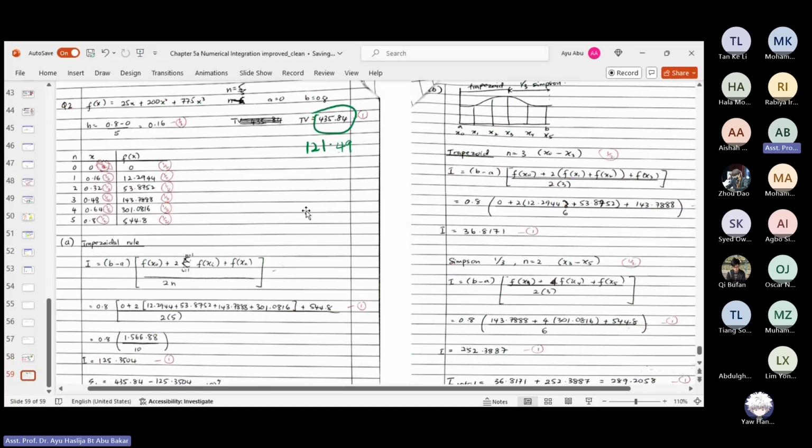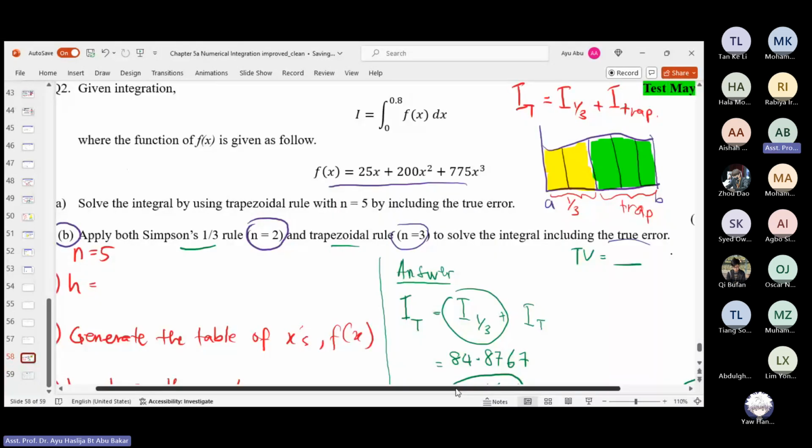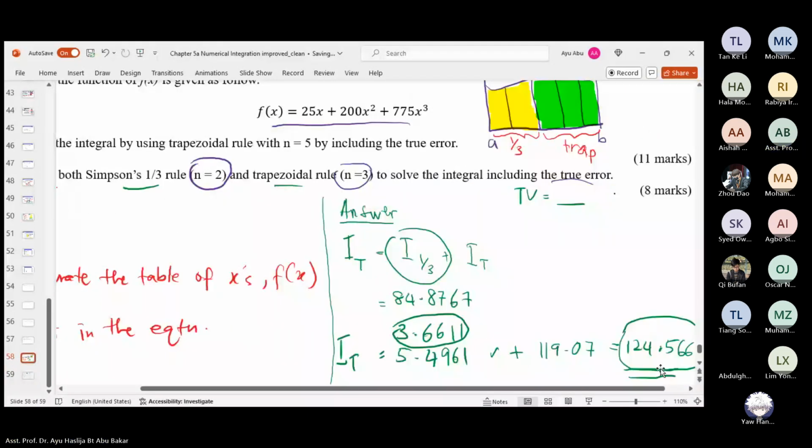So as long as you get your total value of integration similar to your true value, you are on the right track already. From there you should calculate the true error. This is your approximate value. True value minus approximate value, then multiply by 100.